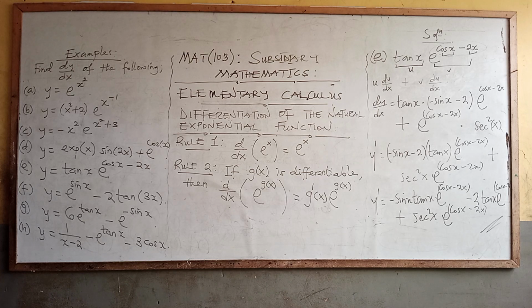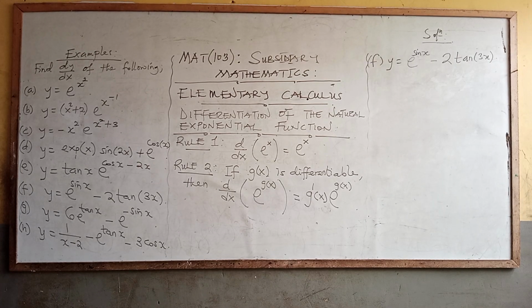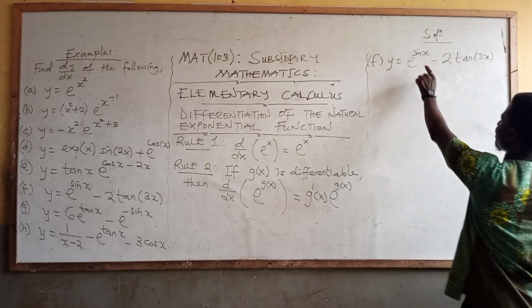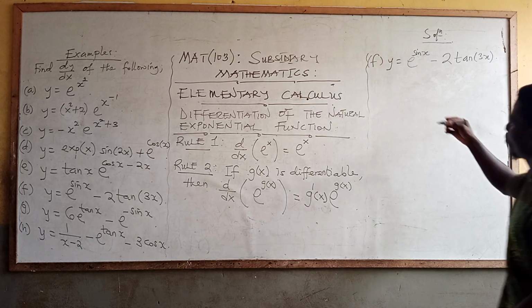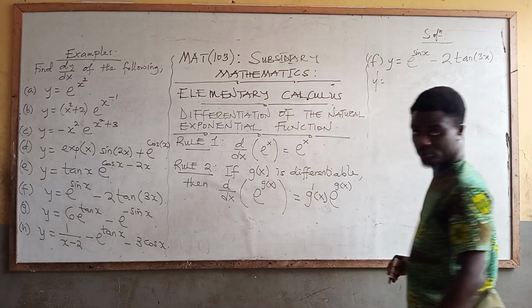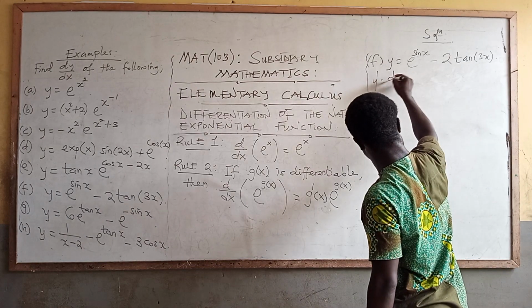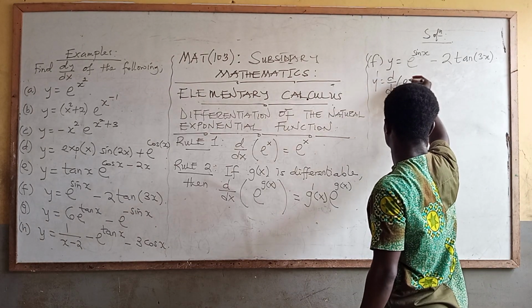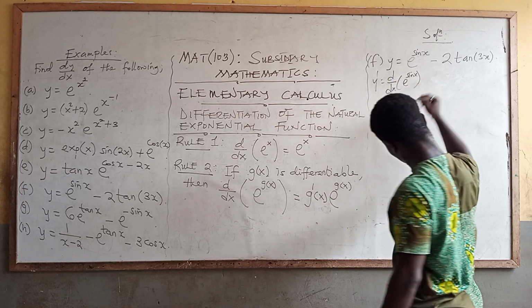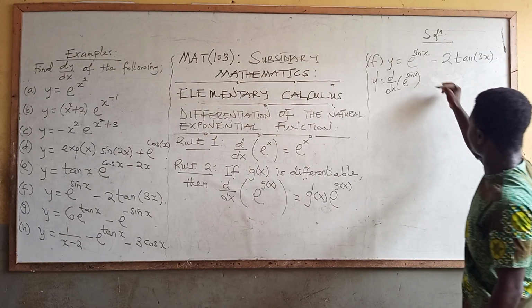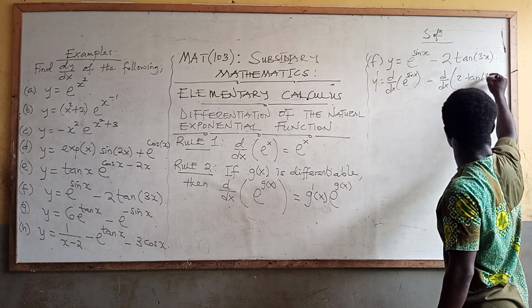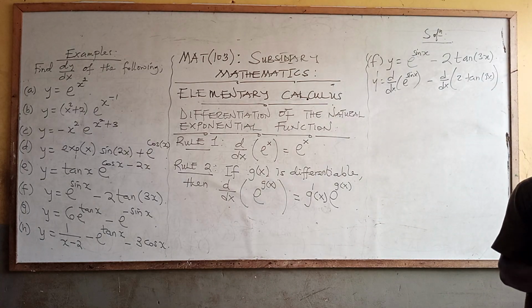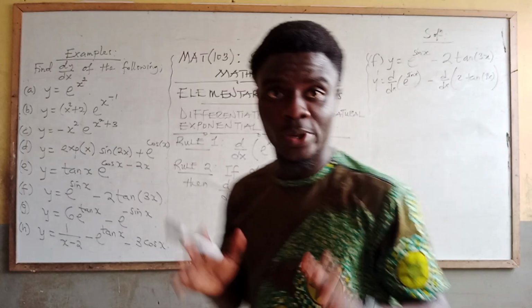All right. So let's do our last example. Y equals e exponent sine x minus 2 times tan 3x. So we are finding y prime of x. So I can say that d/dx of e to the power of sine x minus d/dx of 2 times tan 3x.